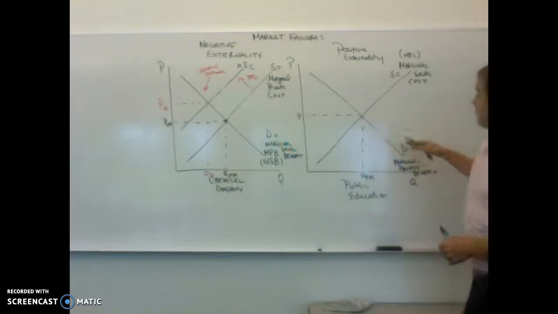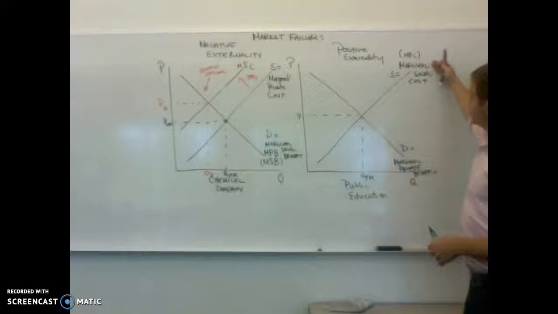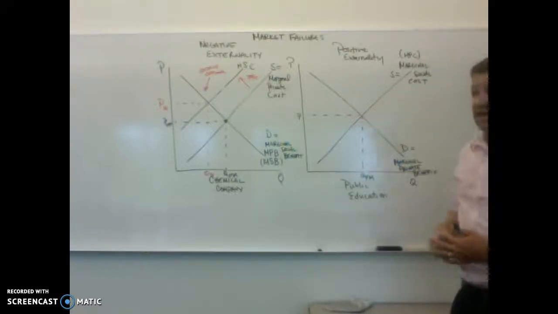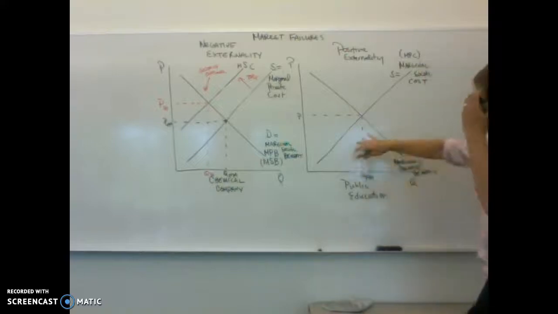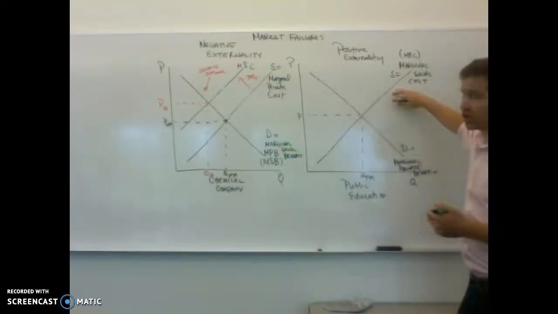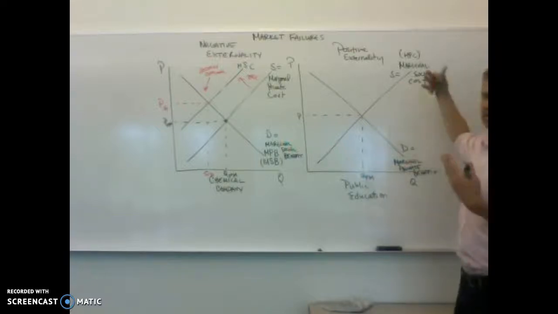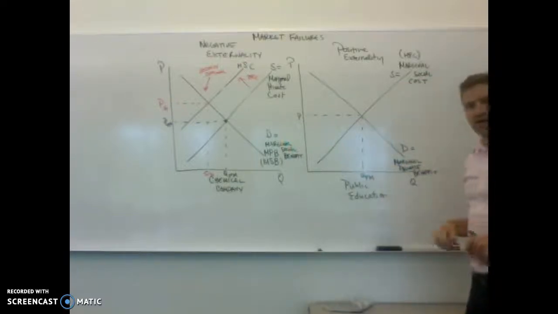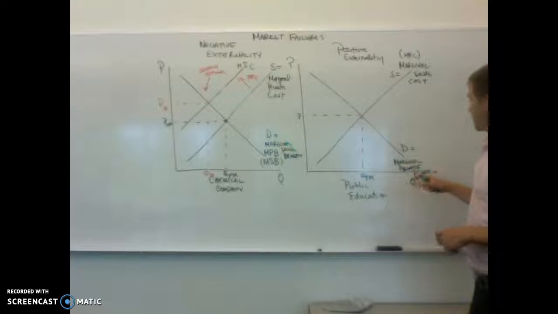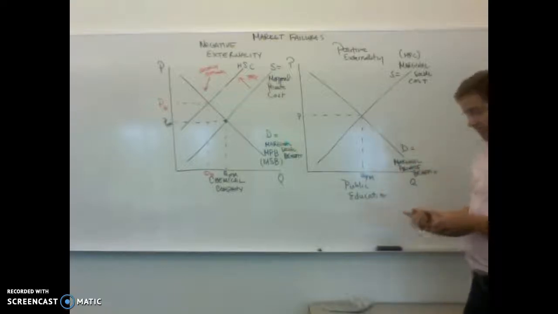Okay? Now, this is both the marginal private cost and the marginal social cost. This is the supply, and that's because the cost of running a university or a college, all those costs are factored in. There are not additional costs that we haven't factored in to society. So the marginal social cost actually equals the marginal private cost. Not really that important. But there is an additional benefit that we talked about, right?